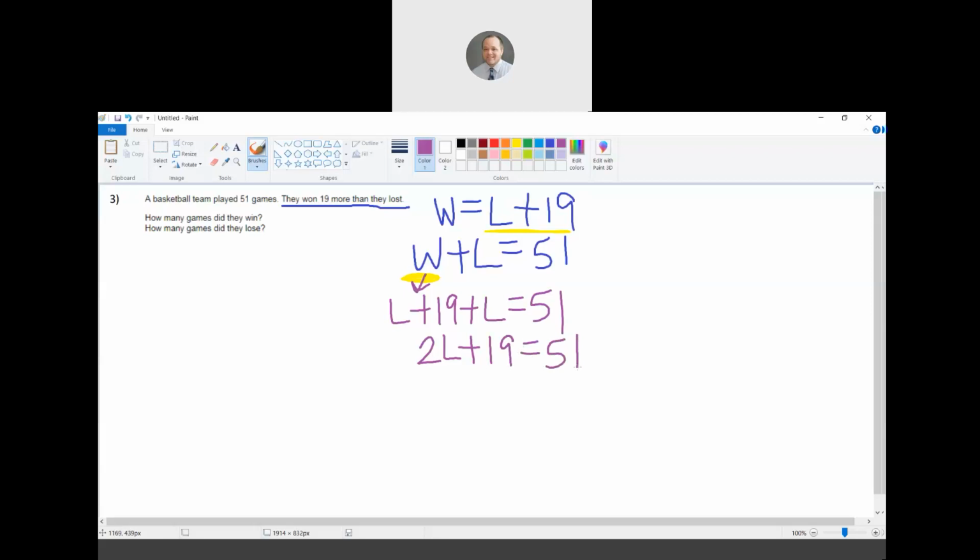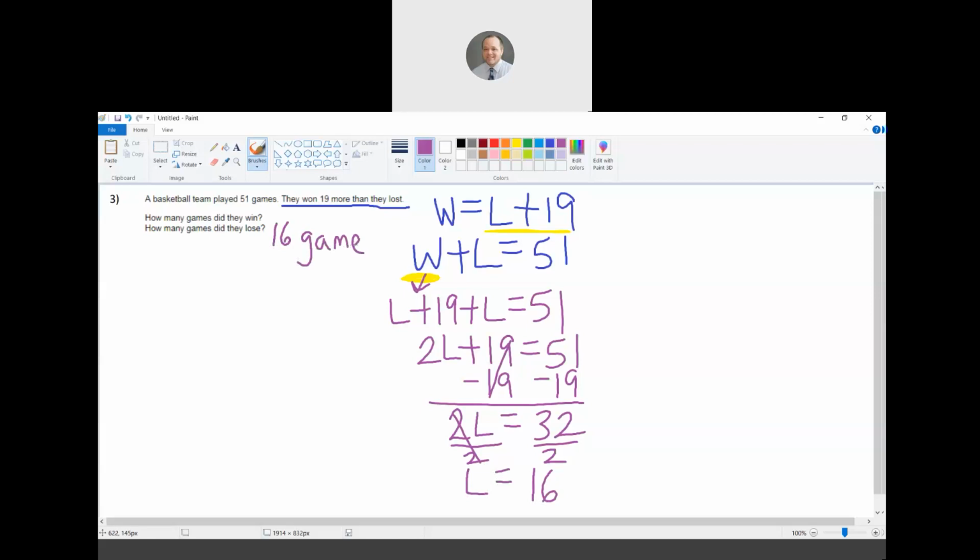Subtract 19 from both sides. Giving us 2L equal to 32. And divide both sides by 2. So the answer to the second question is the team lost 16 games. Now we need to find how many games they won.